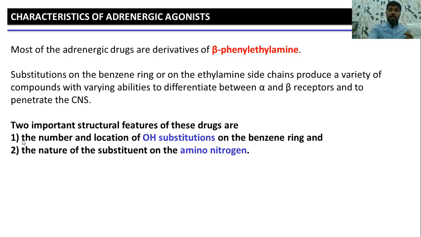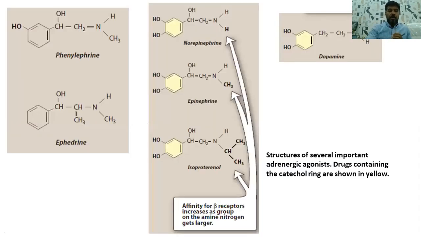First of all, the number and the location of hydroxyl substitution on the benzene ring. And again, the nature of substitution of the amino nitrogen. Let me explain here. The number and distribution of hydroxyl groups on the benzene ring can determine the pharmacological activity. And again, the substitution on the amine molecule can influence the pharmacological activity.